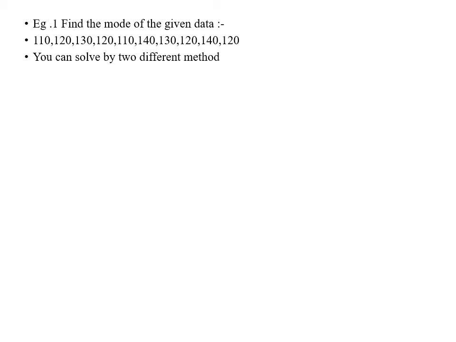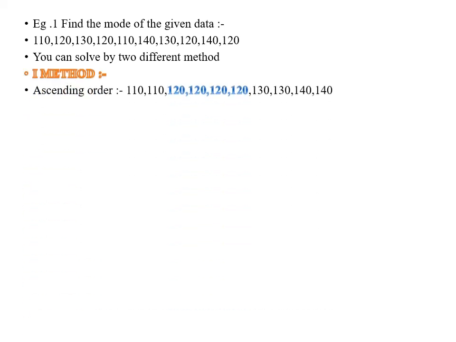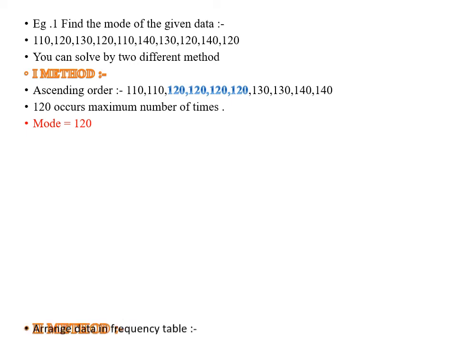Now this type of problem we can solve for the mode by two different methods. You can use any one of these. First method, arrange the data in ascending order. If you arrange this data in ascending order, you will find the number that occurs maximum times, which is blue in color, is 120. So here 120 occurs maximum number of times, so mode is equal to 120. It is very easy.